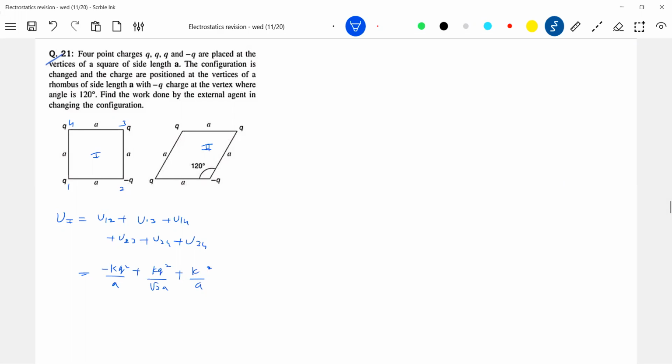You should cancel out things. U23 will be KQ square by A. U34 will be KQ square by, I think all will cancel here, no? This will be 0.